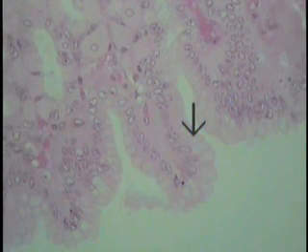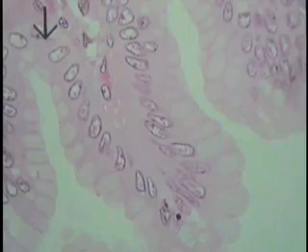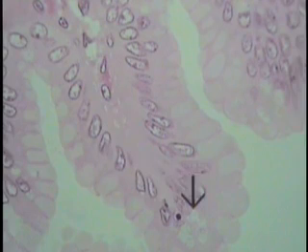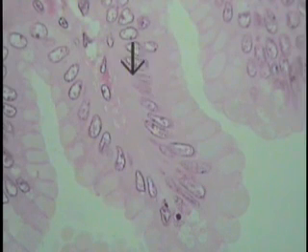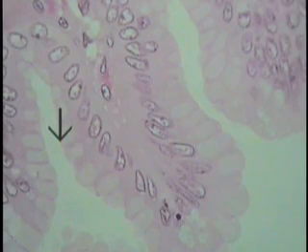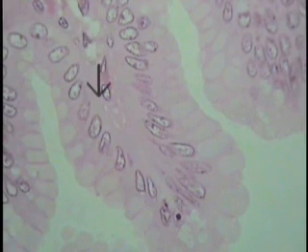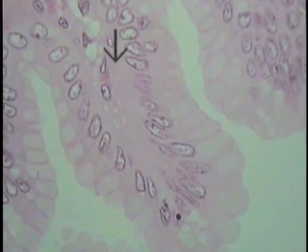And let's look at it at a little bit increased magnification. Here's the layer we wish to examine. The pointer is going through the nuclear profiles of this simple columnar epithelium. The apex, or the top of the cell, is here. The base is here, resting on a very indistinct basement membrane.